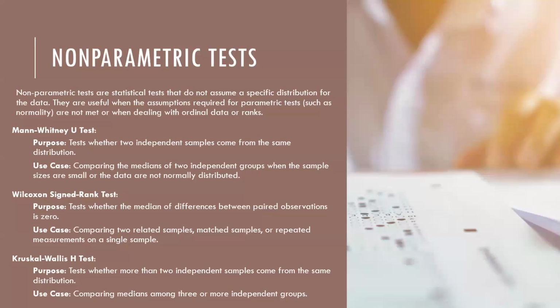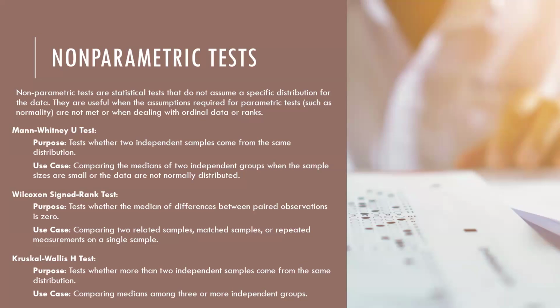Some other non-parametric tests that you should be aware of is the Mann-Whitney U-test. So here's an example where you have two independent samples. So what would be the parametric equivalent to the Mann-Whitney U-test? Anybody?